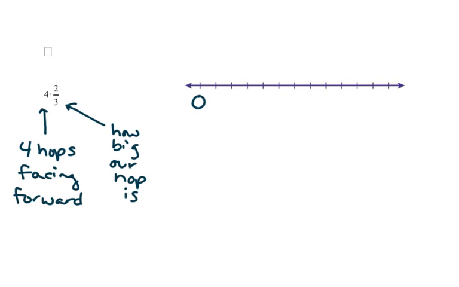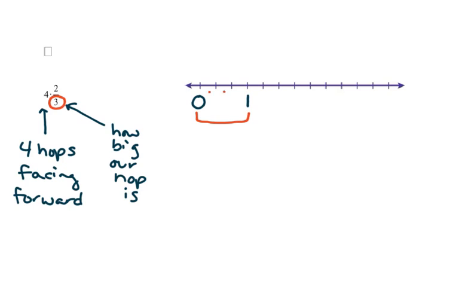My number 1 will be here, and the reason why is because this section between 0 and 1 is divided into 3. So a full hop would be from 0 to 1, but we are only taking 2/3 of a hop 4 times. Keep in mind that we're going to divide each section.